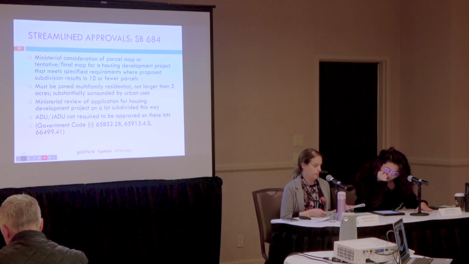For the housing development portion of this proposal, the floor space of the proposed housing cannot exceed 1,700 square feet. The city's objective standards can be imposed, except that if it would physically preclude the development of the project, then that cannot be imposed.